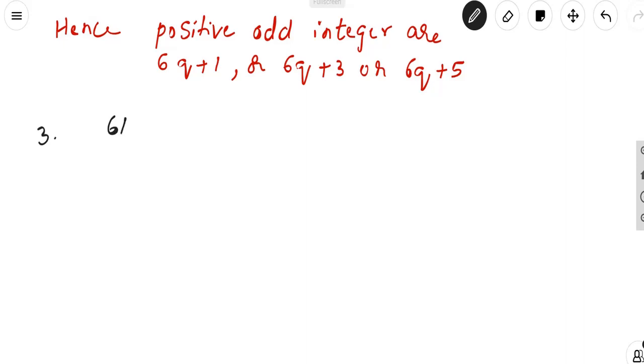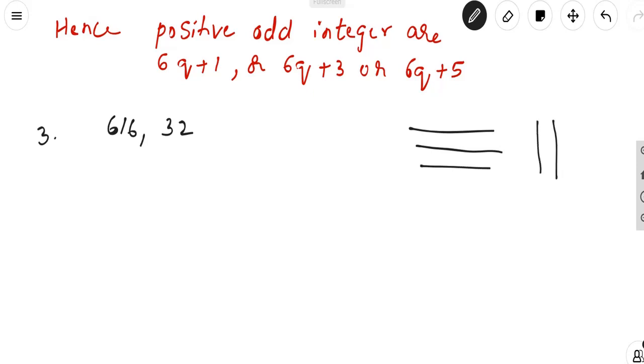Okay, so question number 3. What he has given is 616 and 32. I hope everyone knows what are columns and what are rows. Matrix, I hope everyone has studied matrix, in which you have gone through what are rows and what are columns. So these are your rows, like this you will write rows.